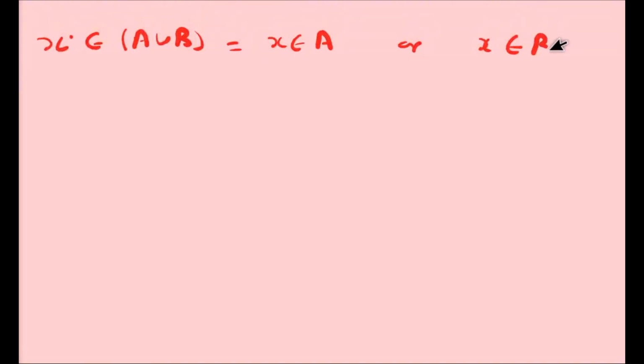Now, if X is a member that belongs to A union B, then we can say the member belongs to set A, or the member may belong to set B. Think, this is the definition of union.